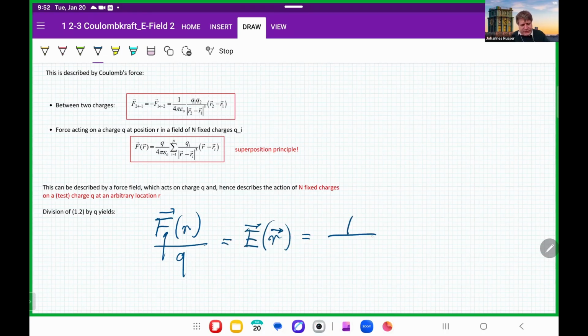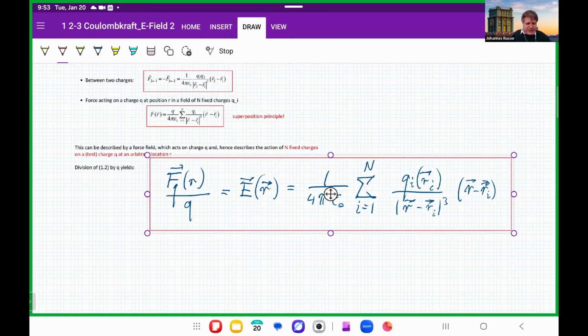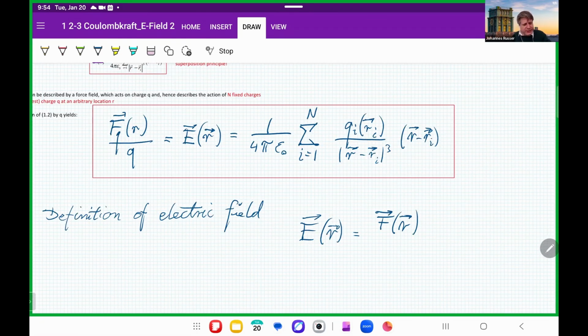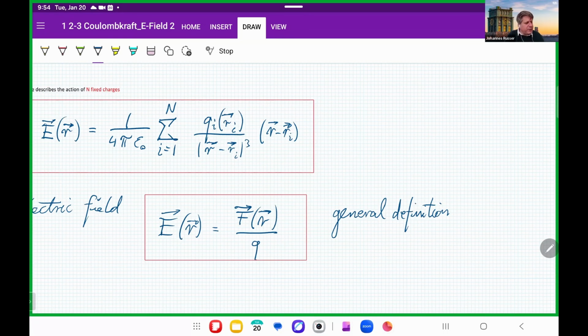This is obtained by using equation 1.2 and dividing it by the charge of the test charge itself. This gives us the definition of the electric field, a vector quantity, the force per charge. That gives you a general definition. So you see the advantage.